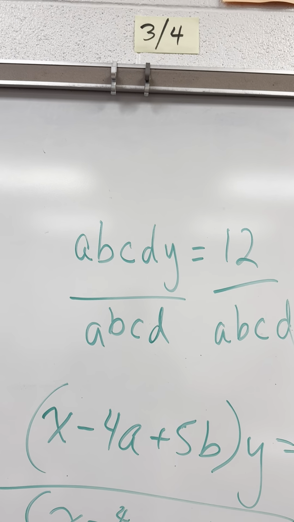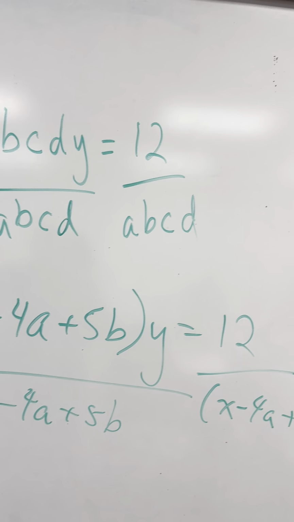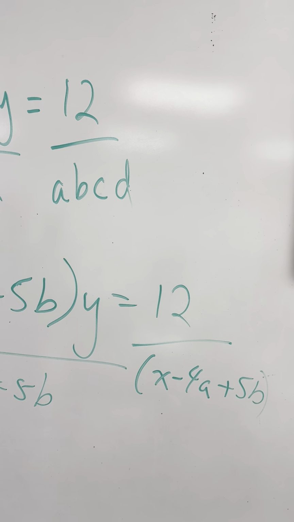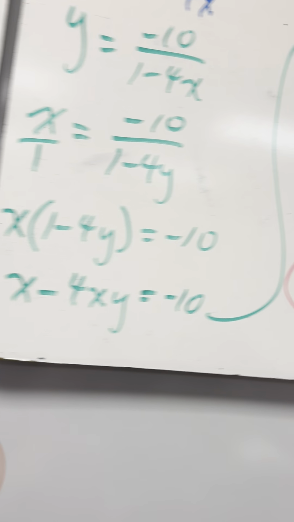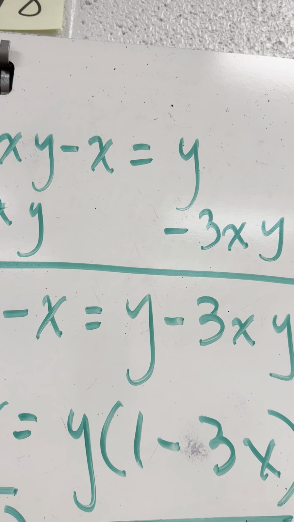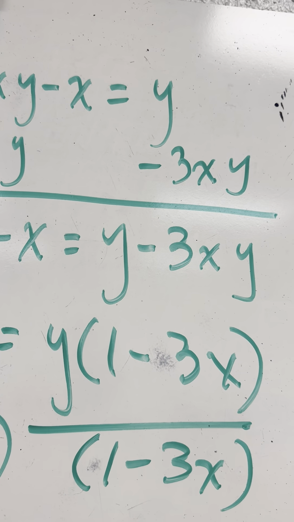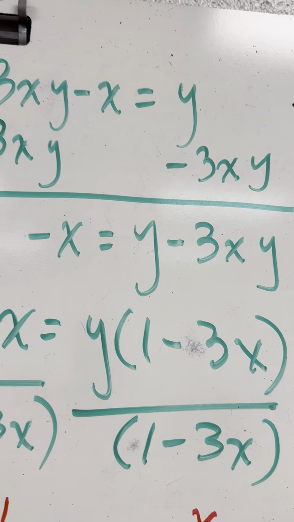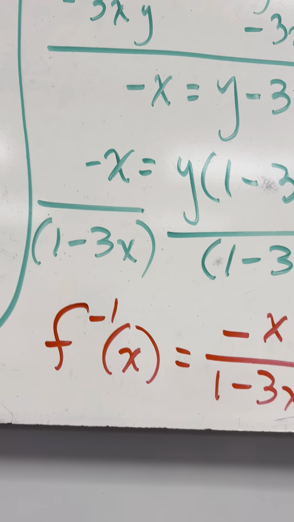Then I'm going to divide by x minus 4a plus 5b. And that's going to be my answer. So take a look over here. Back over here now, we have y times 1 minus 3x. What am I going to divide by? 1 minus 3x. And that's my answer. Negative x divided by 1 minus 3x.